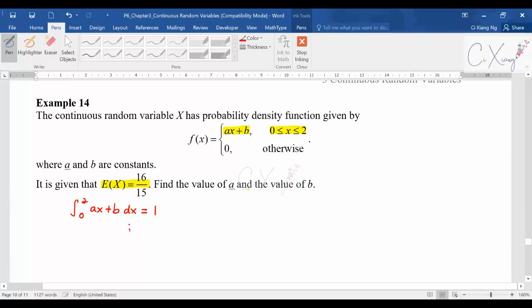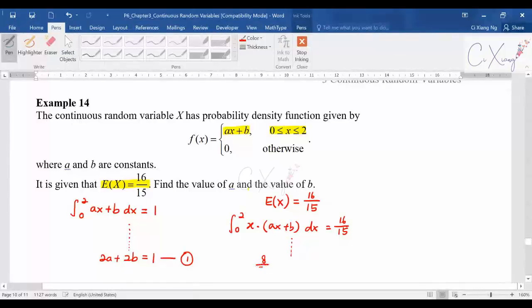But in this example you have two unknowns, so the second equation is something like this: 8 over 3 a plus 2b equals 16 over 15. When you have both equations, you solve them simultaneously. The answer for a should be 1 over 10.